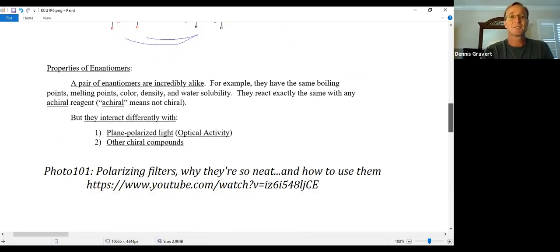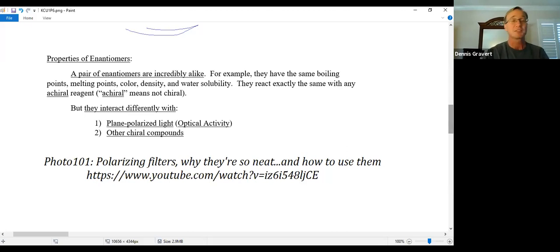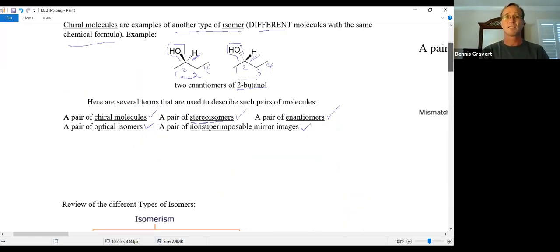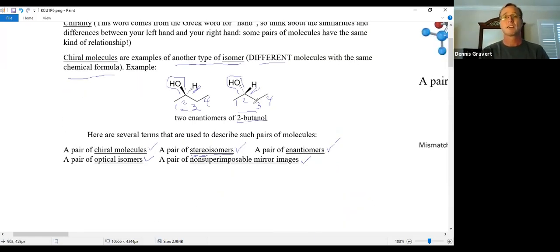Moving on, what do we need to know about enantiomers, optical isomers, stereoisomers, chiral pairs of molecules? First of all, they're amazingly similar. So if we go back to the first pair of enantiomers, these two alcohols, the OH group can hydrogen bond. So both molecules are soluble in water.